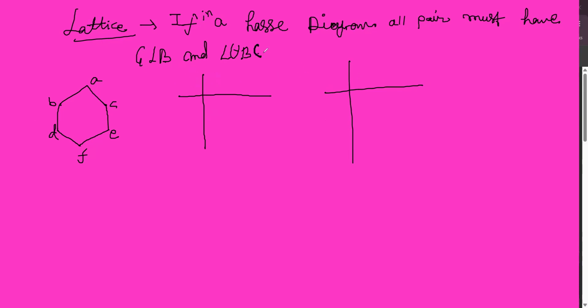LUB is represented by this symbol, the OR symbol, and GLB is represented by the AND symbol. Okay. So first we find what? GLB. How many elements are there? 6. Right?